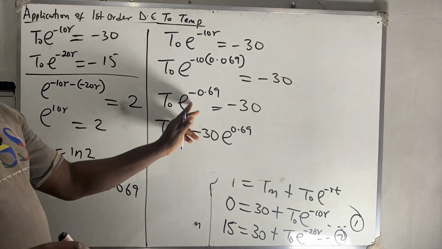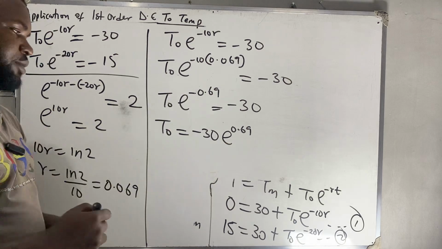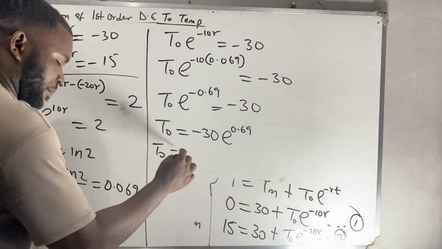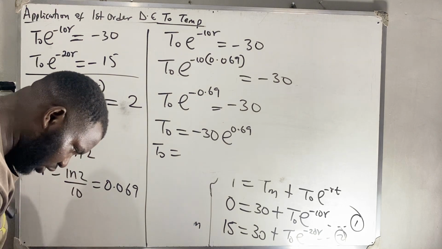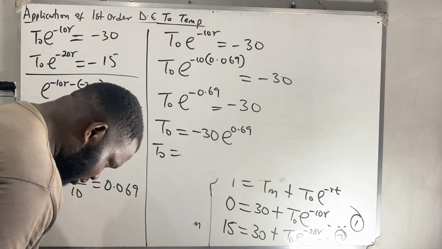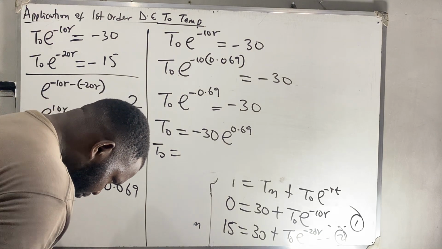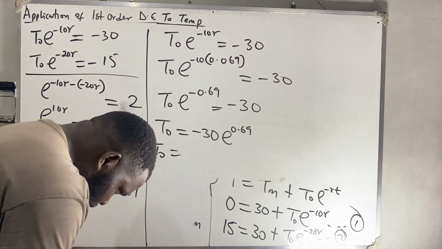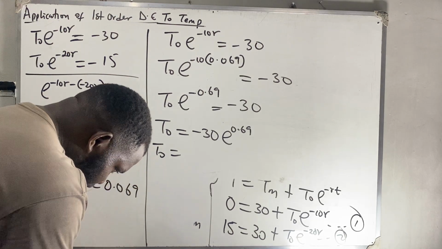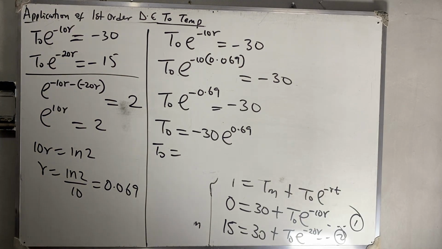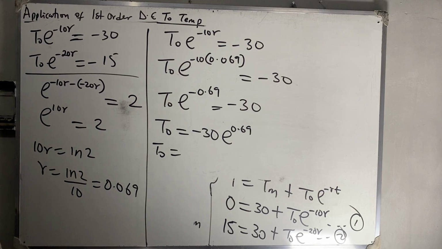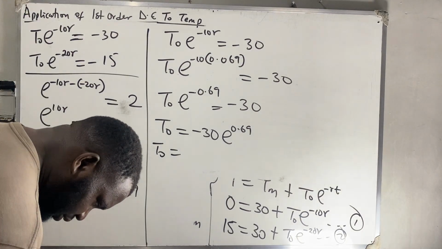Dividing both sides by this, my T naught will now be equal to, I don't have my calculator, so if you press that in your calculator, you are going to have your T naught. This will help us to get our T naught.